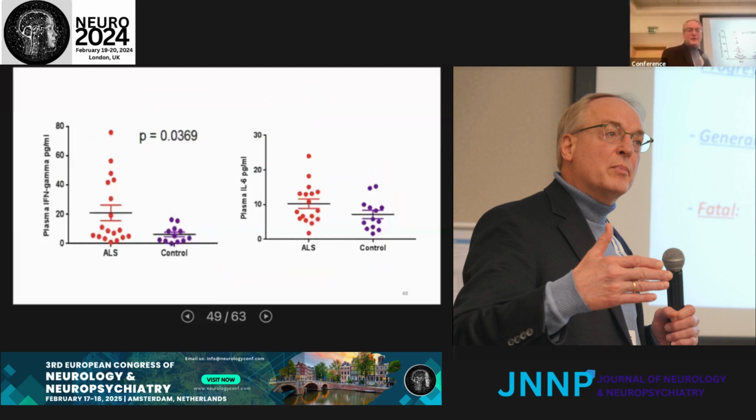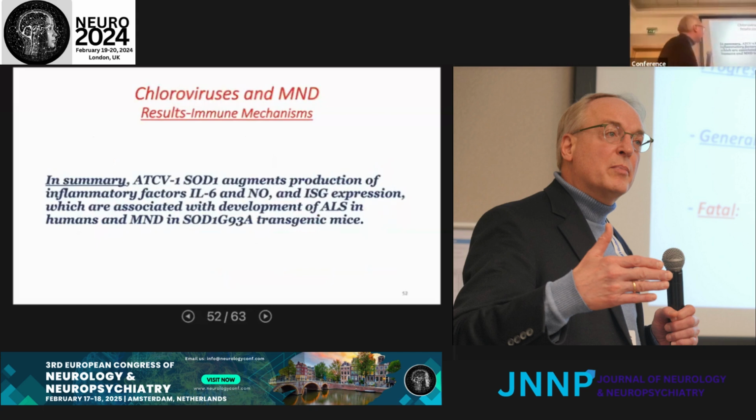And here we can see the gamma interferon graph to the left and the IL-6 to the right, both showing significant elevations in our ALS patient population. So in summary, the ATCB1 SOD1 seems to augment production of inflammatory factors associated with the development of ALS in both humans and transgenic mouse models.